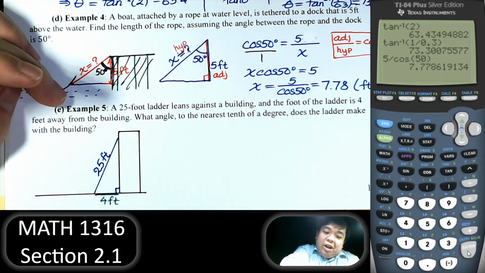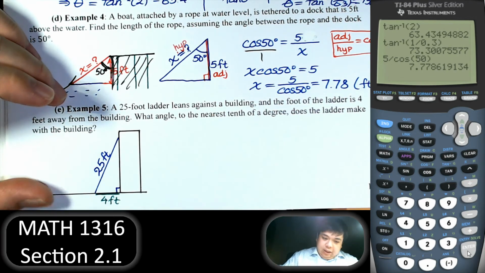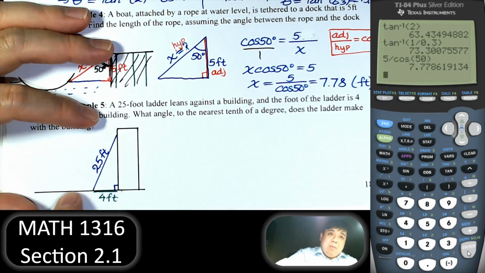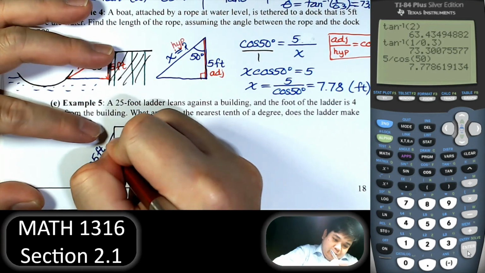What angle to the nearest tenth of a degree does the ladder make with the building? So the ladder makes with the building, not the ladder makes with the ground. So we're asking for this angle.